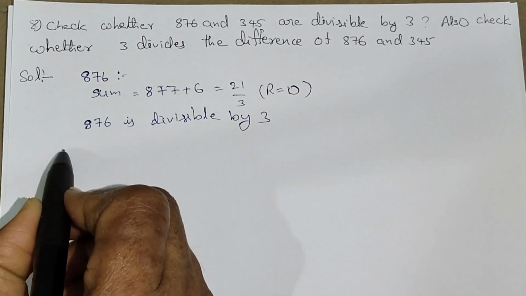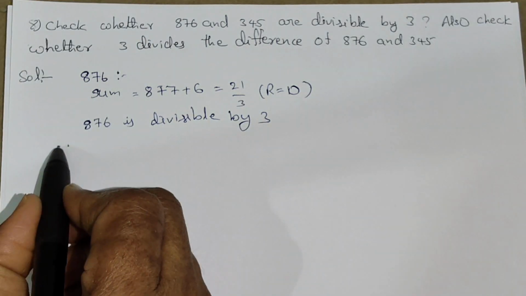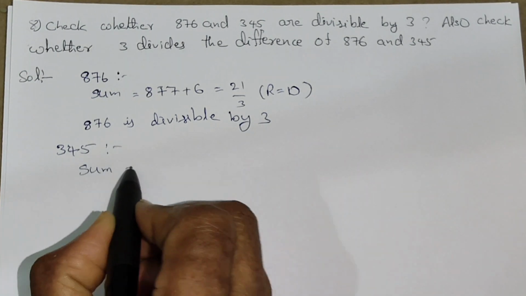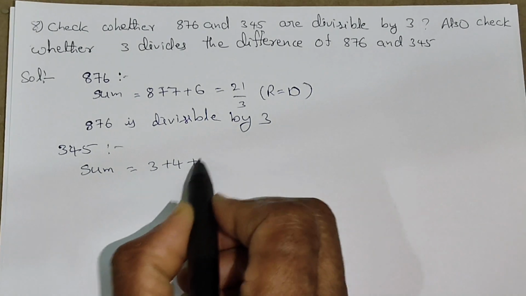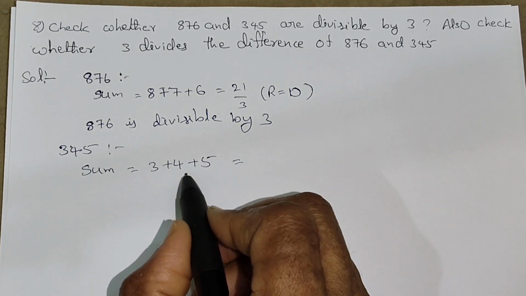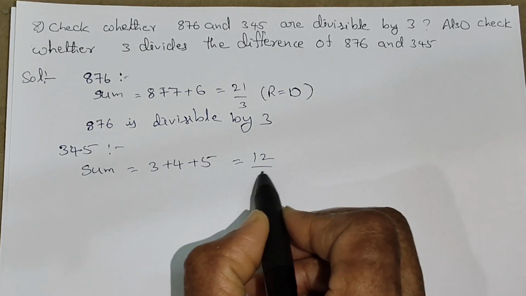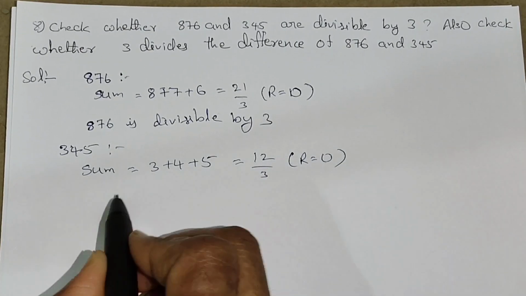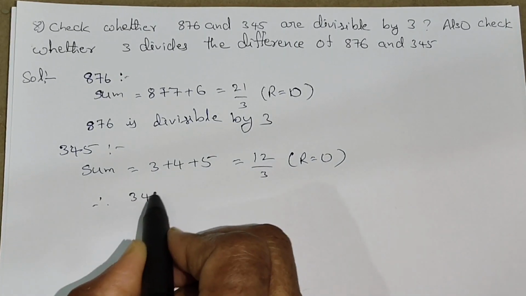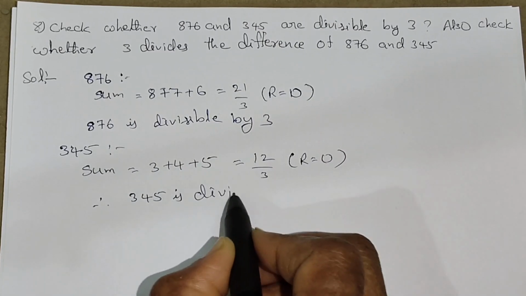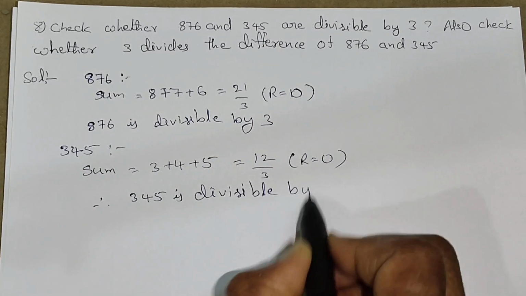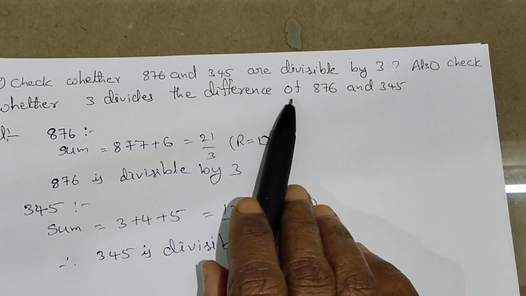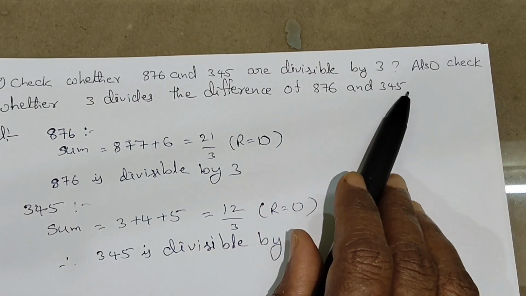Next number, 345. The sum equals 3 plus 4 plus 5, that equals 7 plus 5, which is 12. 12 is divisible by 3, so the remainder equals 0. Therefore 345 is divisible by 3.